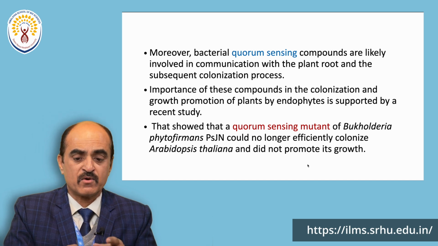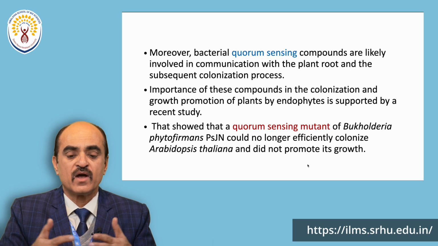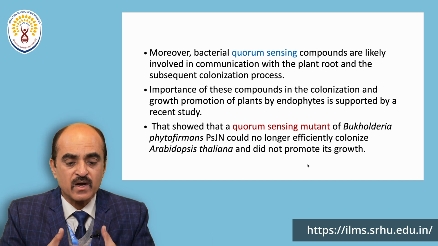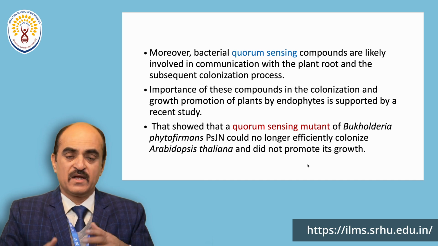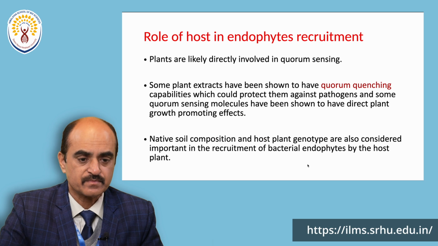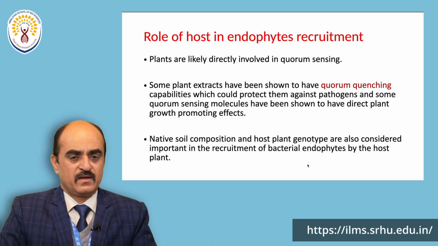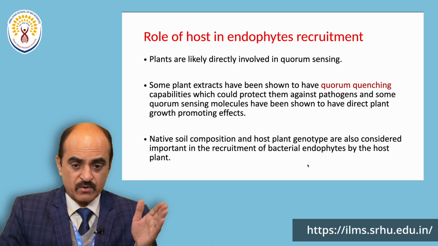So, the Burkholderia mutant of quorum sensing was not able to colonize the host plant, and when it was not able to colonize the host plant, it was not able to enhance the host plant growth. Now, is there any role of the host plant in the recruitment of endophytic microorganisms?